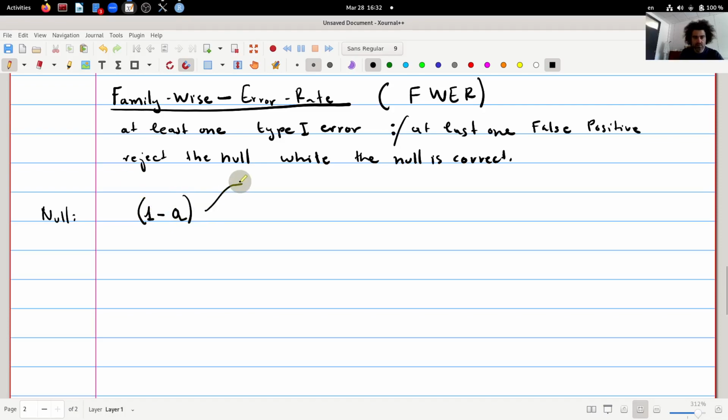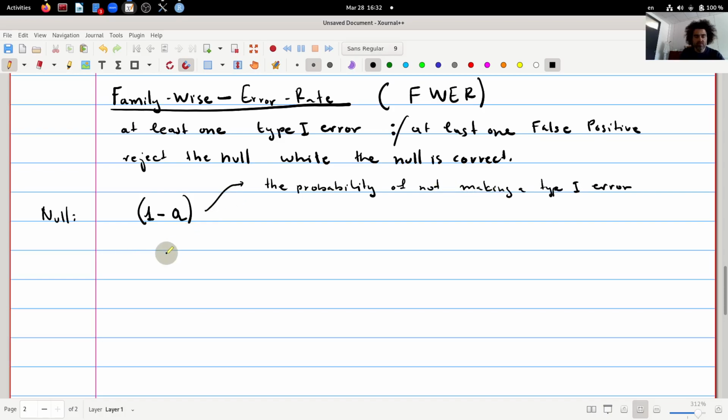This is the probability to not reject the null hypothesis when we should not reject it, when it's correct.